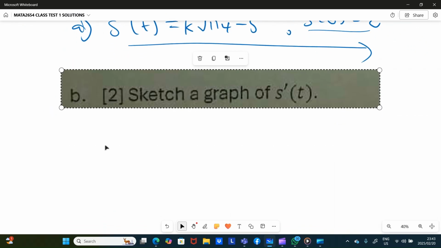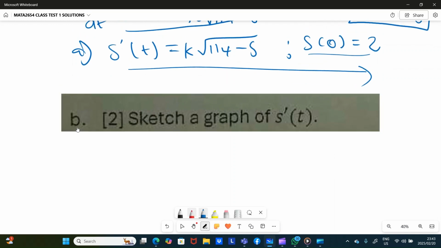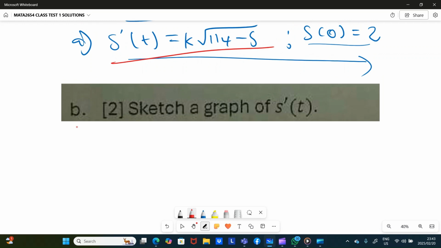They want us to sketch the graph of this. So how can we quickly sketch that graph? It's an easy graph, isn't it? If we think about it, it's basically not that deep.